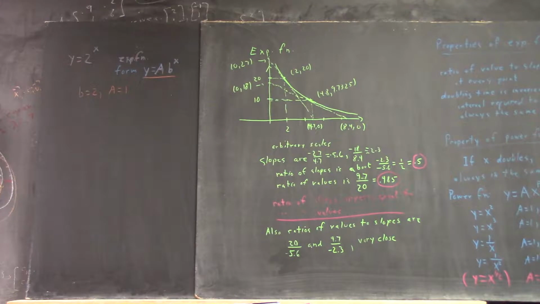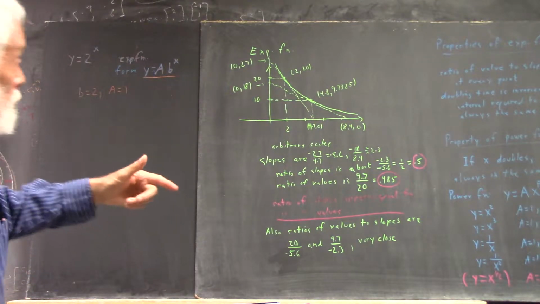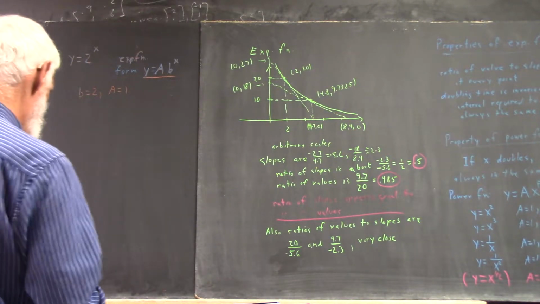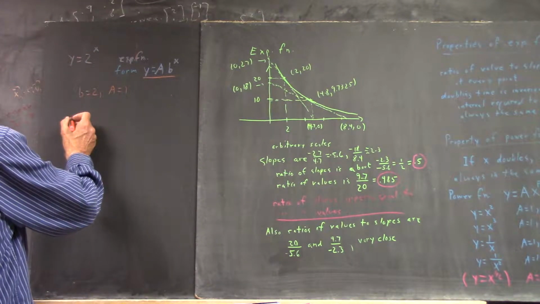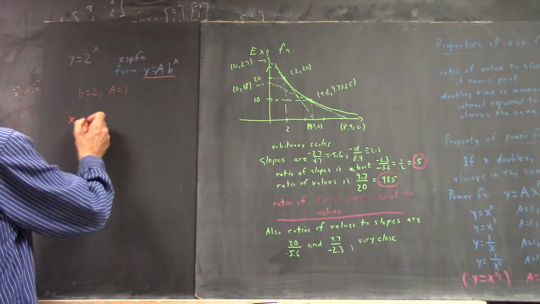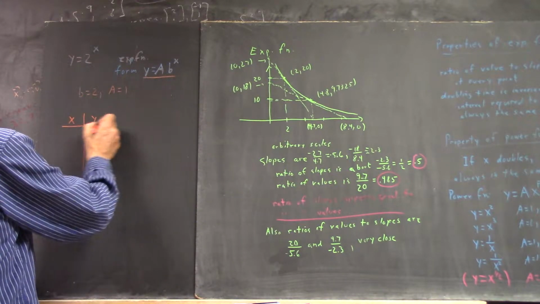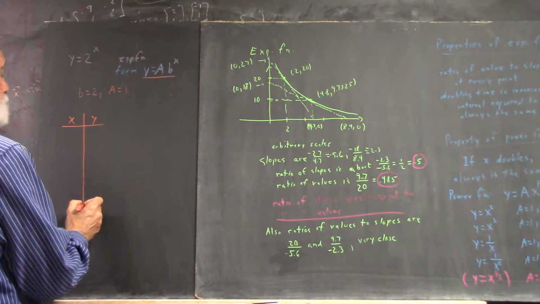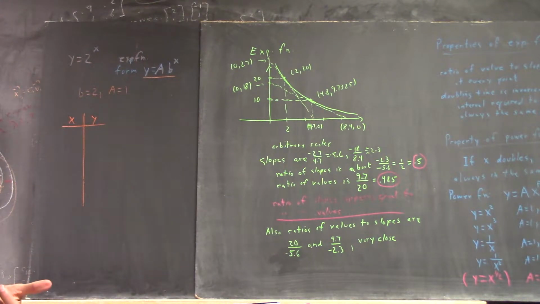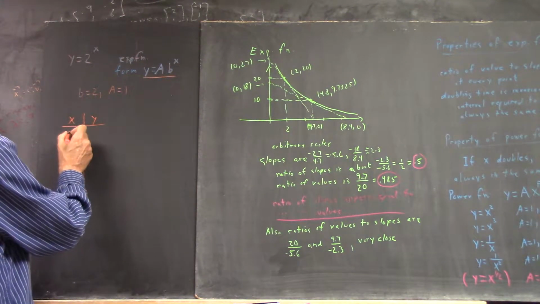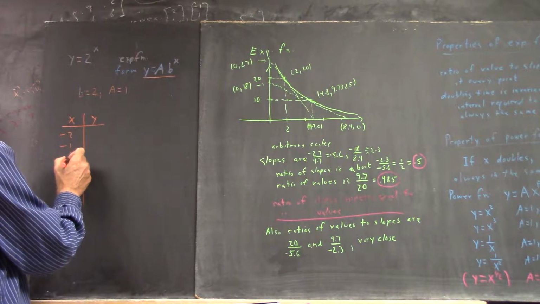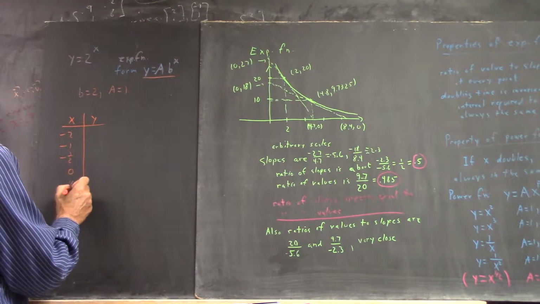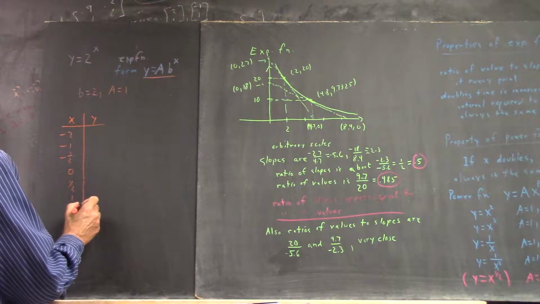Okay? So, we do our table. Now, what are our values of x? -2, -1, 0, 1/2.